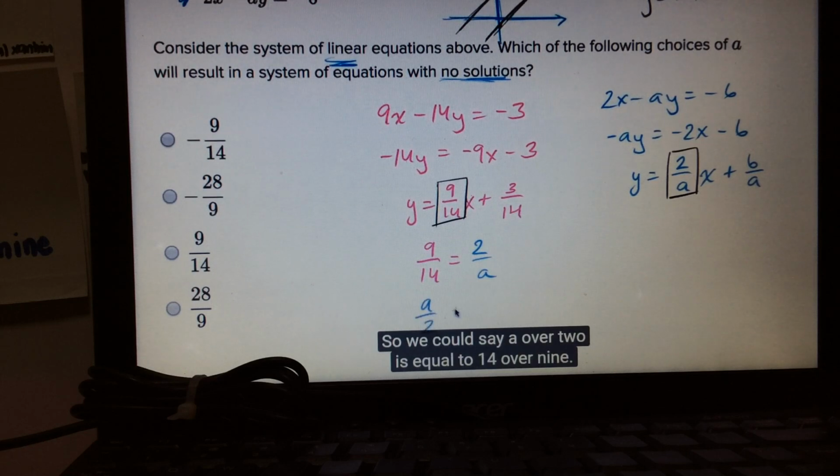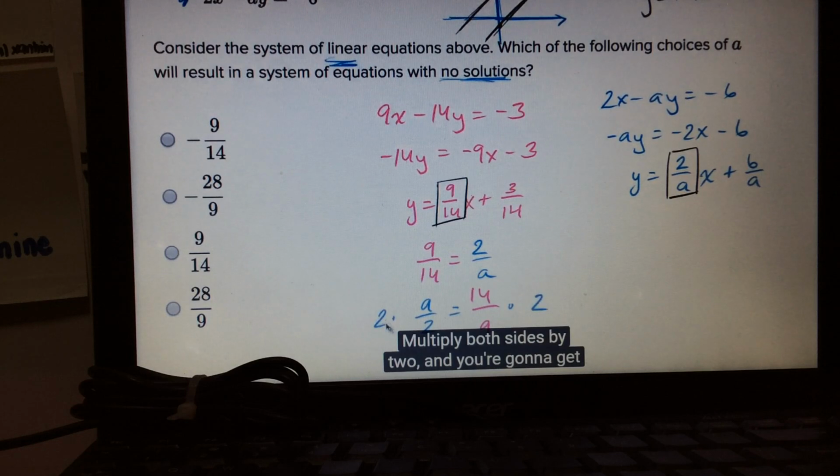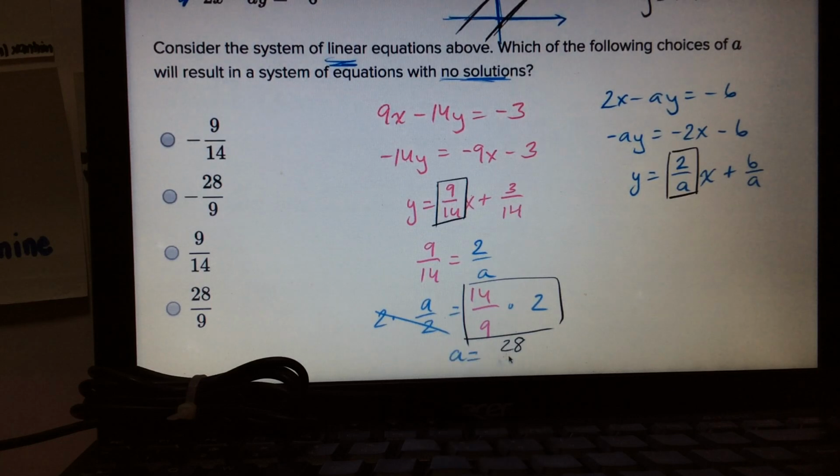So we could say a over 2 is equal to 14 over 9. Then multiply both sides by 2, and you're going to get a is equal to 28 over 9. A is going to be this right over here, 28 over 9.